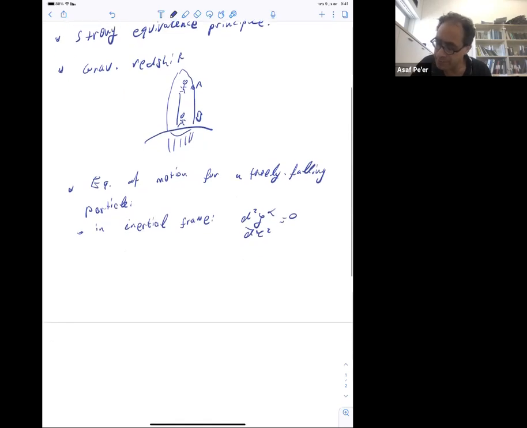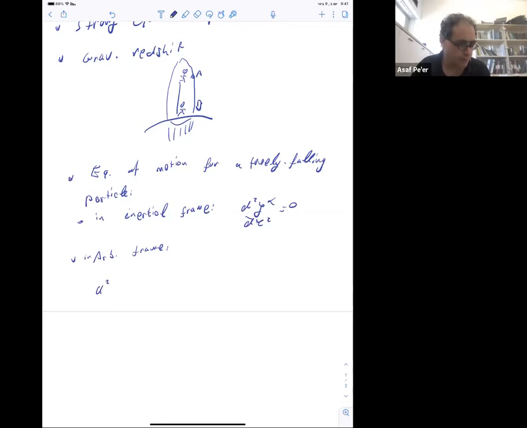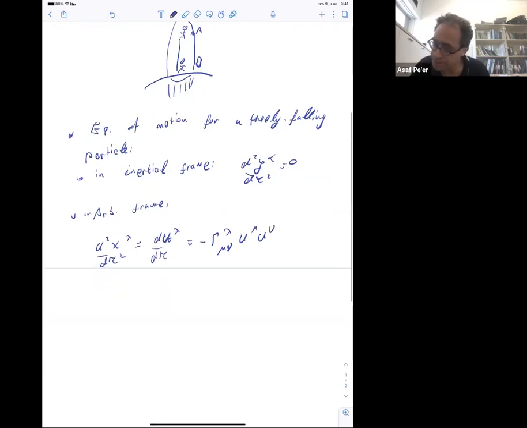And in any arbitrary gravitational frame, it is d squared x^λ over dτ squared, which you can simply write as du^λ over dτ, equals minus Γ^λ_μν dx^μ/dτ dx^ν/dτ, where Γ is the affine connection, dx^λ over dξ^α times d squared ξ^α over dx^μ dx^ν, that connects the new coordinate system, which is arbitrary, not necessarily inertial or freely falling, with the old system.